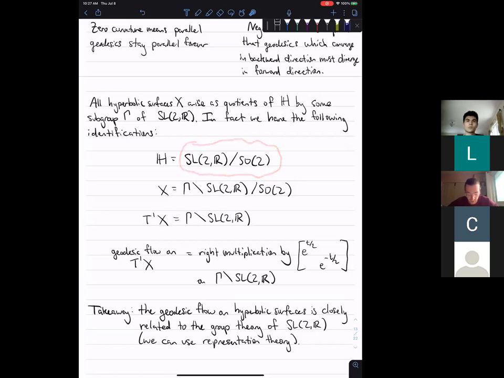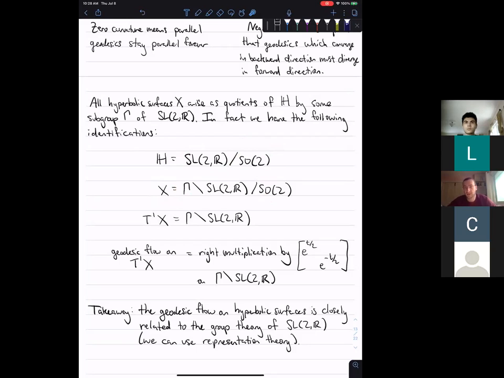Otherwise, it probably won't. But you can realize the hyperbolic plane as a coset space of SL2R mod SO2. These are the special orthogonal matrices, 2 by 2. You can represent your favorite hyperbolic surface as this double coset space, where you quotient on one side by SO2, the other side by gamma.